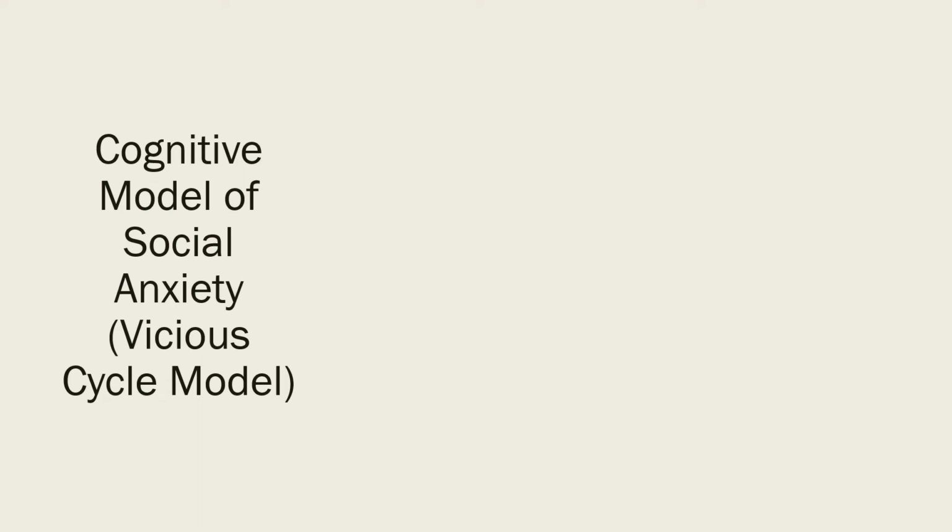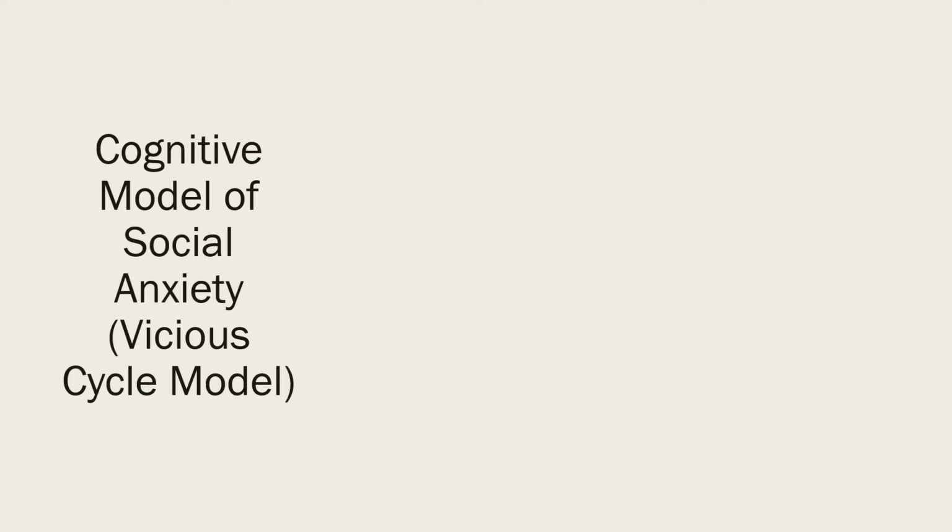The things I have talked about, the risk and resource model, is more relevant to generalized anxiety disorder. Social anxiety disorder has a different type of cognitive model, which is called the vicious cycle model.